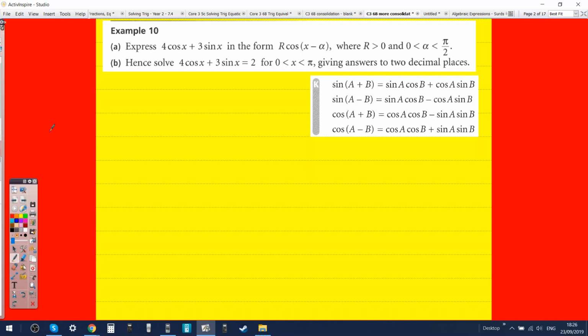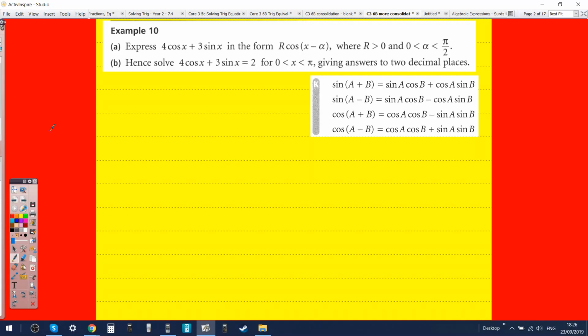So 4 cos x, 3 sin x. You do the Pythagoras part, the square root of 4 squared plus 3 squared, which is 5, as we saw earlier. And then we do the arctan of 3 over 4. And is it always arctan?